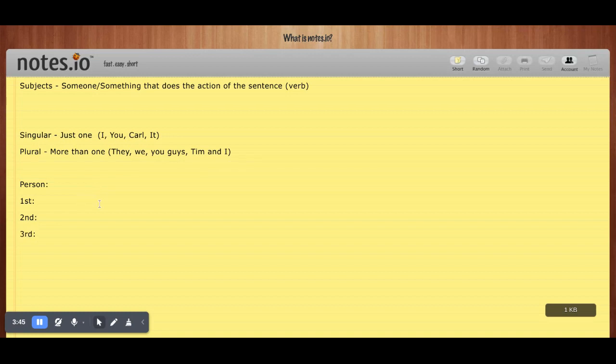So a first person action, I want you to think kind of in terms of video games. I don't know how many of you guys out there play video games, but this may come a little easier if you play them. First person, in this case, a first person video game is when you're in the body of the person. And so essentially, this is going to be talking from one's own perspective.